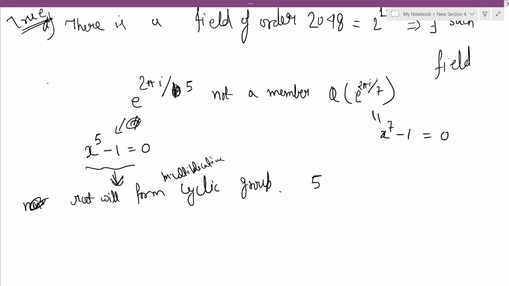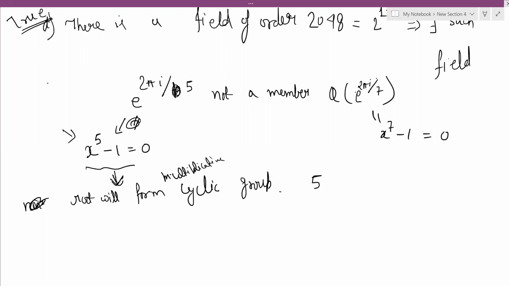So you mean to say that membership means it has a 4 primitive root of unity, and it has a 6 primitive root of unity. I will tell you these facts.